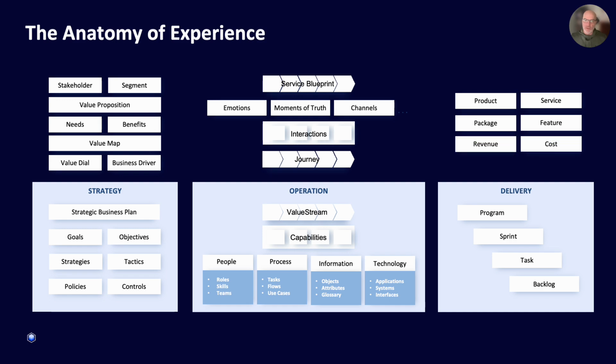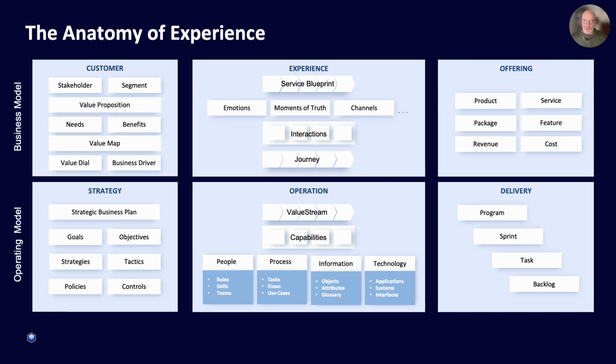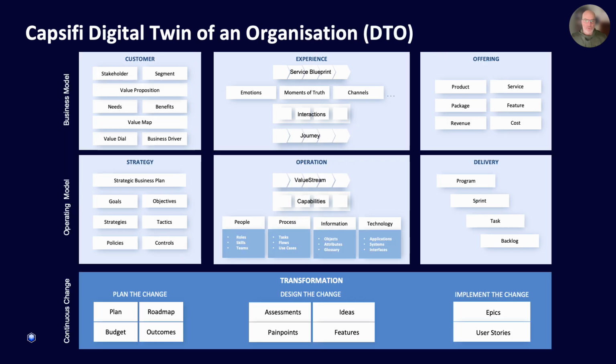And then finally, the revenue and cost model, which collectively gives us the overarching picture of our offerings, our customers, the experience that they go through as we deliver our offerings to the customers, making up the core components of the business model aligned to the operating model that we developed earlier. And all of that is managed through the process of continuous change, the chapter we just did previously on transformation.